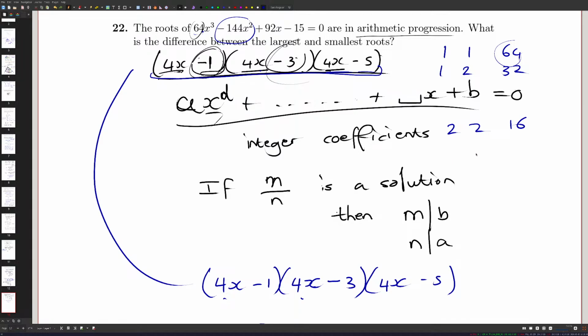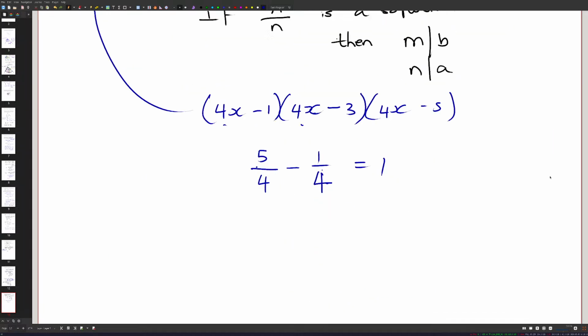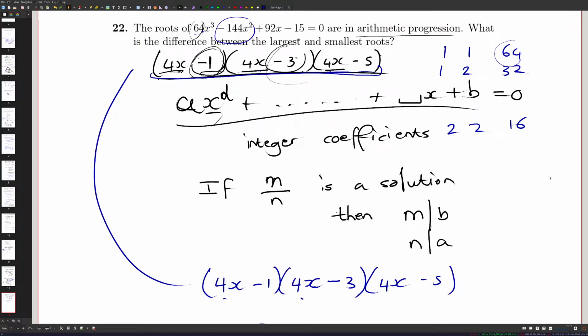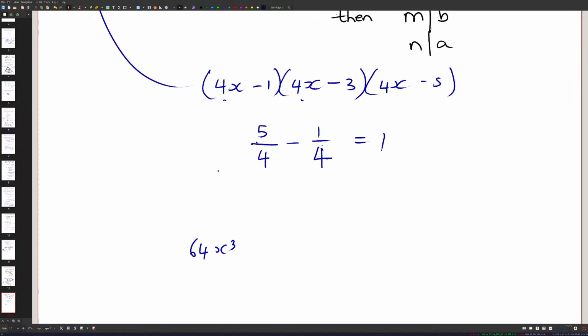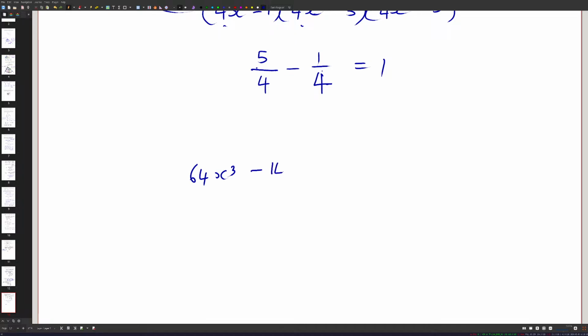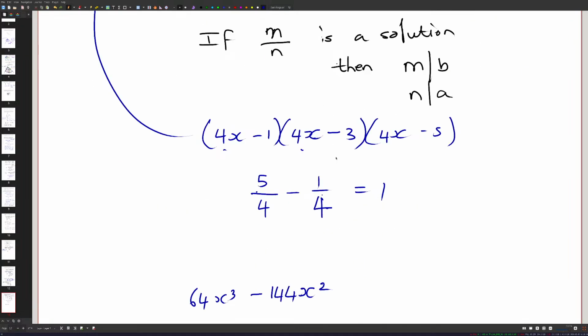Okay, so let's just use this example, 64x cubed minus 144x squared plus 92x minus 15.